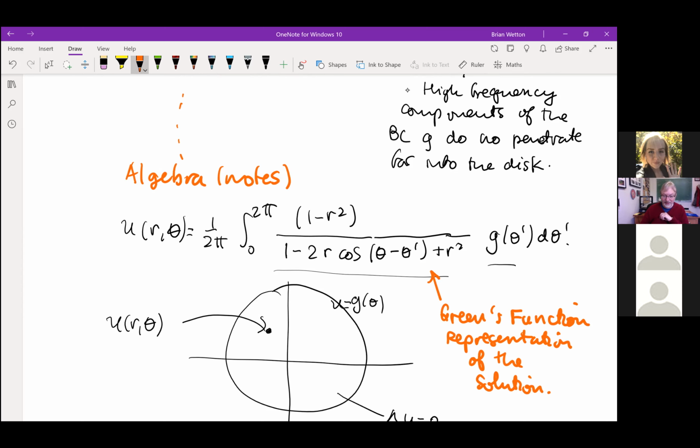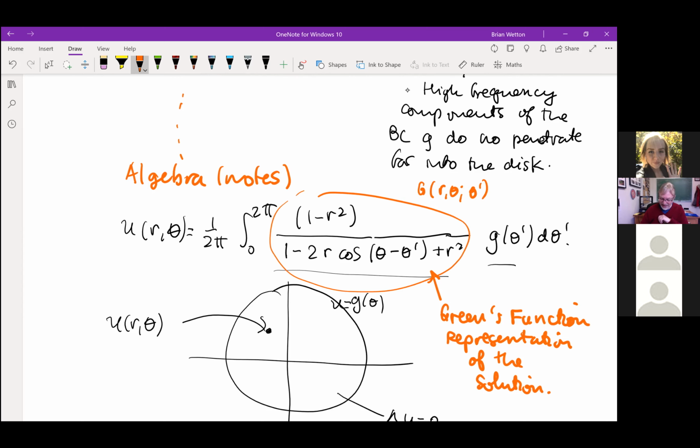One of the things which you can show is that this thing here, which I'll call g of r theta prime. Why am I calling it that?